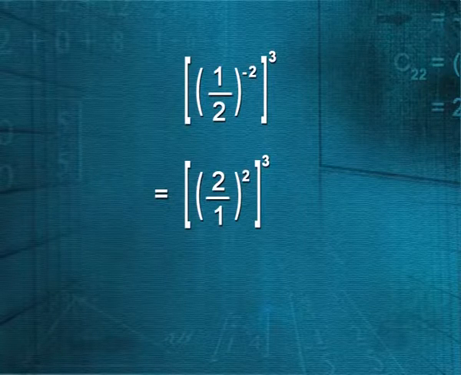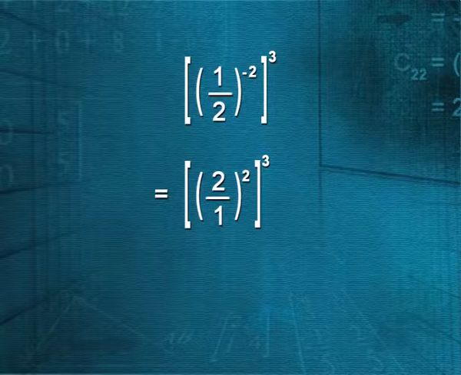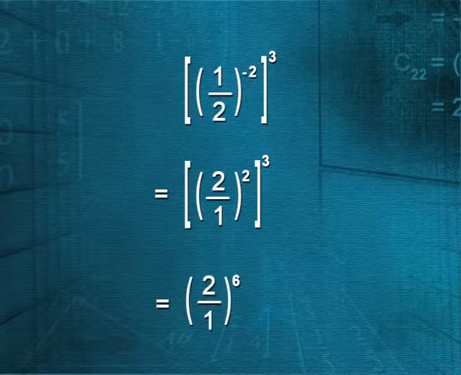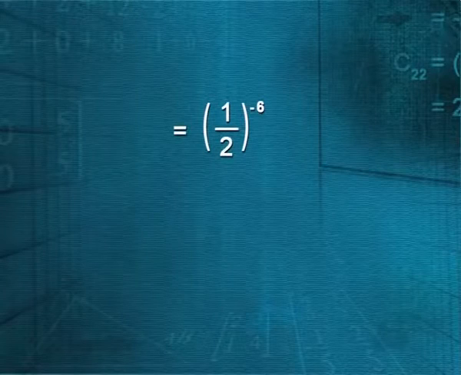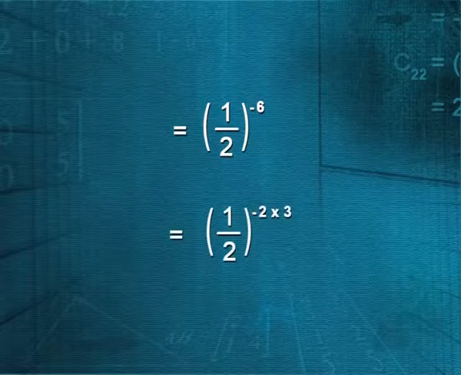So, this is 2 by 1 into 2 by 1 into 2 by 1 how many times? 6 times, which can be written as 2 by 1 raised to the power 6, and instead of 2 by 1 you can take the reciprocal, which is 1 by 2, and in that case the power will be negative. So, this is 1 by 2 raised to the power minus 6, or you can write it as 1 by 2 raised to the power minus 2 into 3.